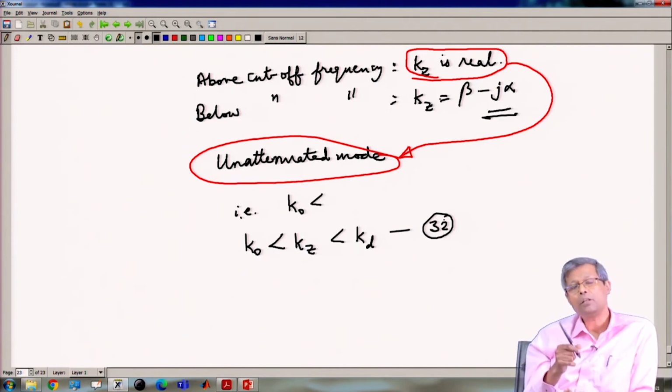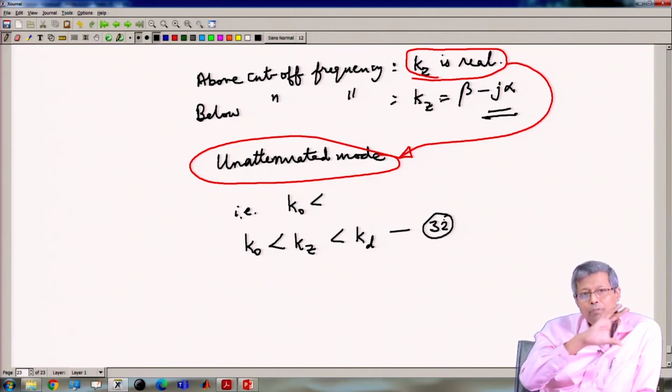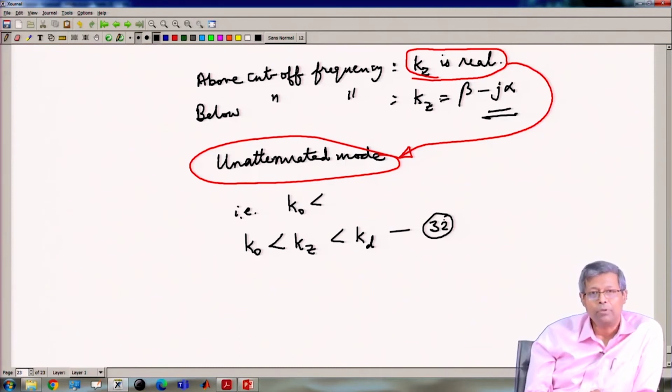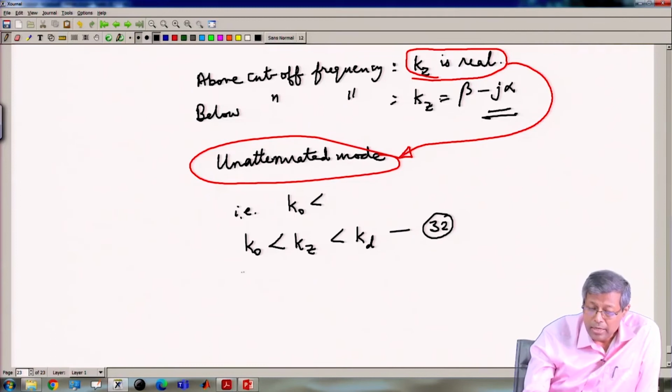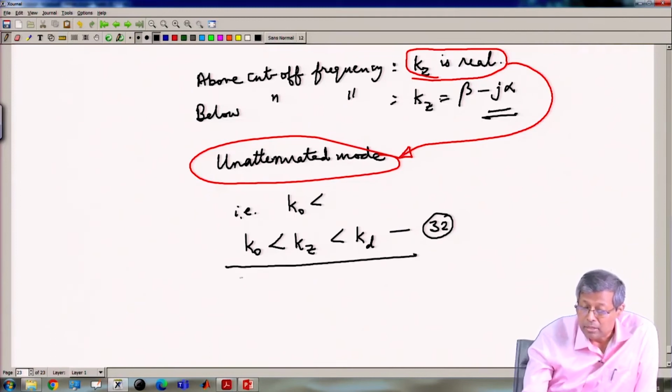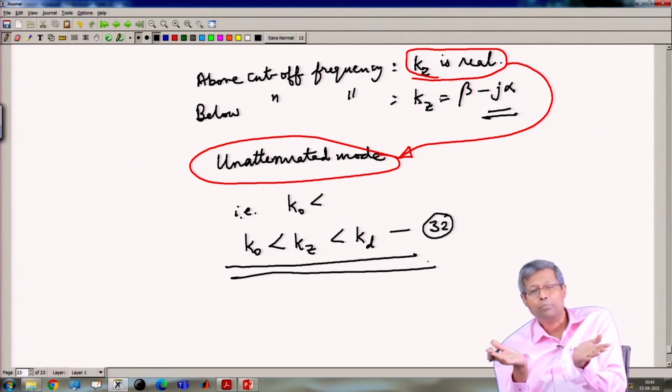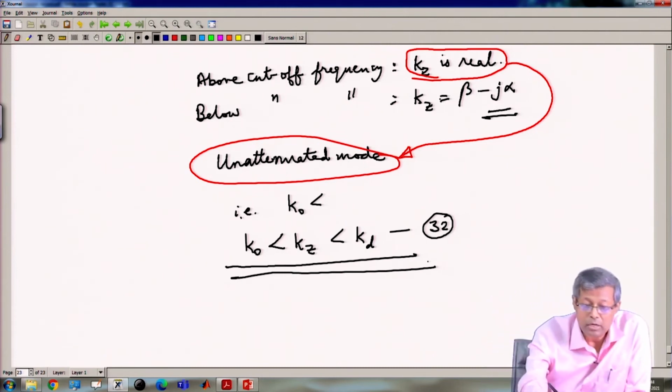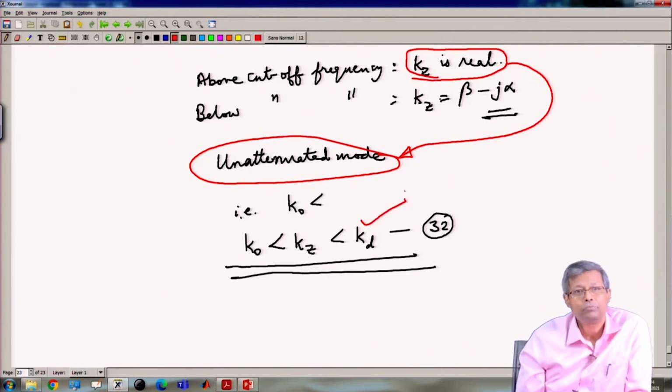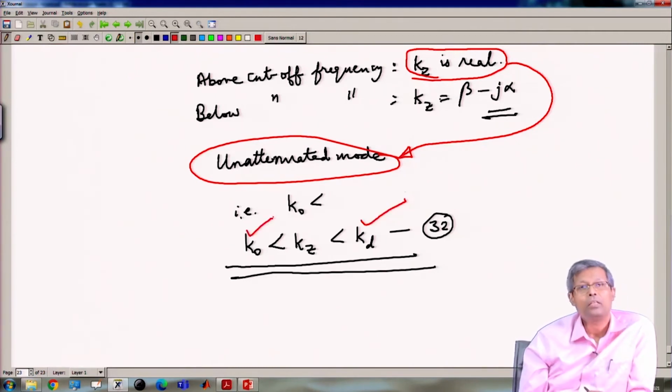So, have this very clear picture in mind, that when a wave propagates inside the dielectric slab above cutoff, or when the dielectric slab is being operated above cutoff, the waves in the air region are of the exponentially decaying type, while k z is real. This condition is mathematically the same as this condition, that k z will lie between the intrinsic phase constant in the dielectric region, which is k d, and the intrinsic phase constant in the air region, which is k naught.